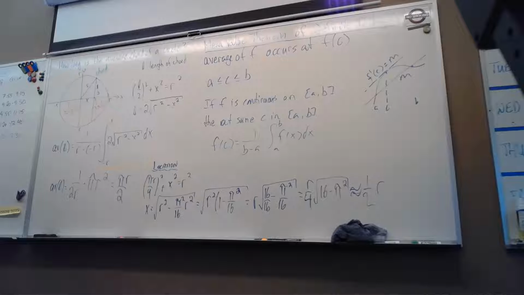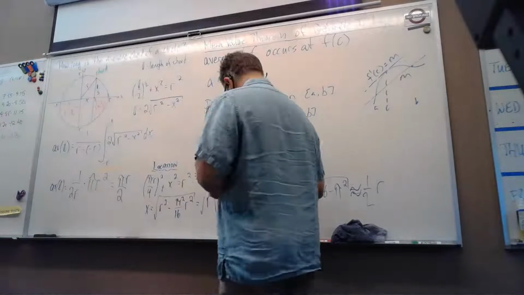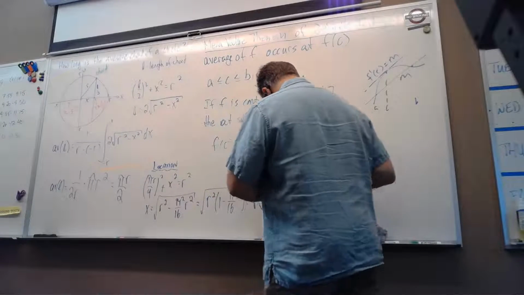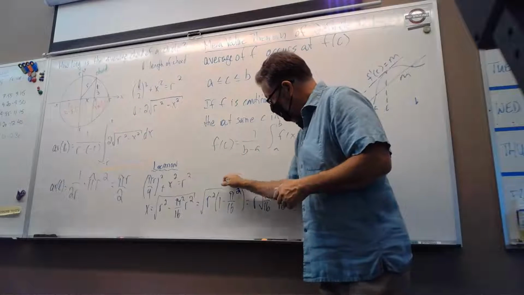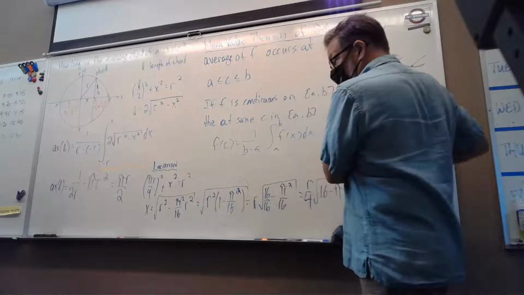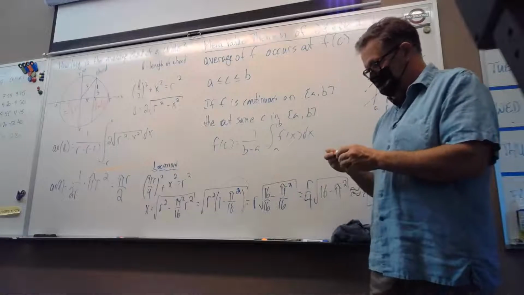Now, we could grab our calculators and figure out the square root of 1 minus pi squared over 16 and see how close we are. Go. People with calculators, just do the square root of this thing here. Let's see how close this is to half. We don't have to do any of the simplification. See how close that is to half.